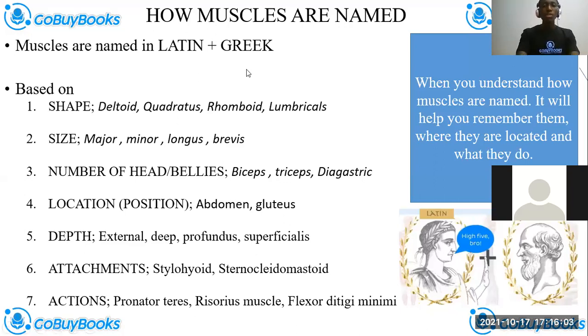The reason why remembering the names of muscles is a bit difficult is that most muscles of the human body are named in Latin or Greek. If you look at the bottom half of my slide, I made a little joke between Latin and Greek. It's usually a combination of Latin and Greek.